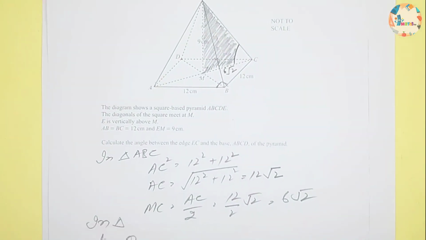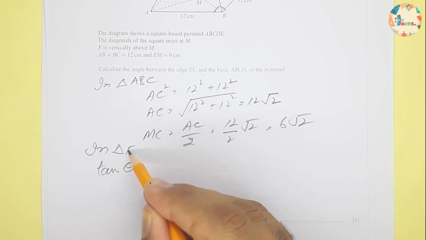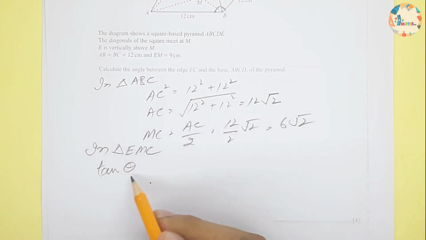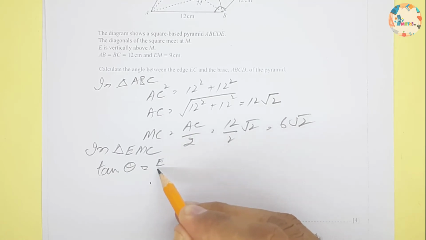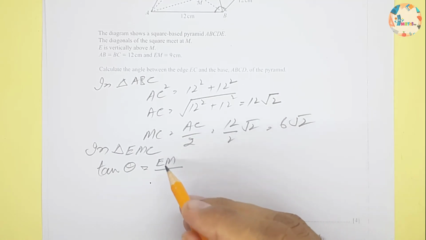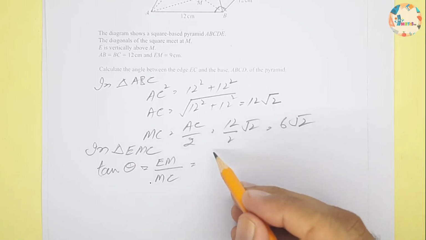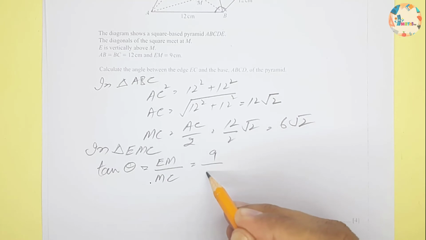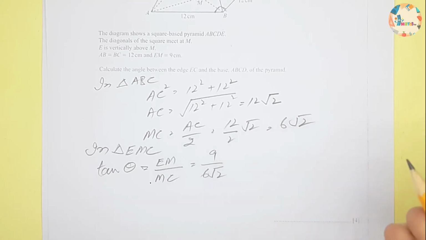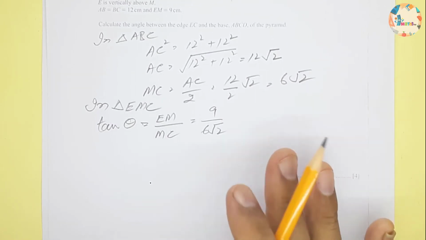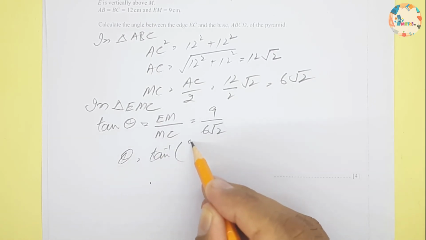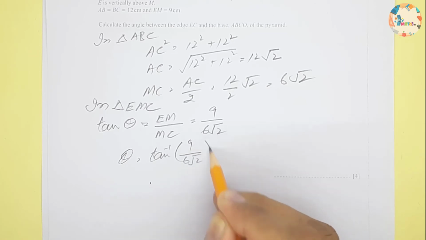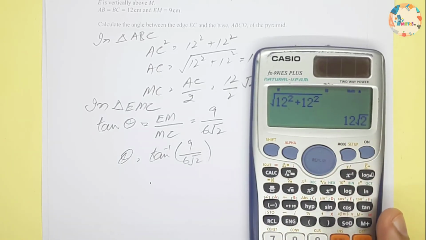In triangle EMC, tan theta will be equal to EM over MC, and EM is 9 and MC is 6 under root 2. And so now we can find theta.